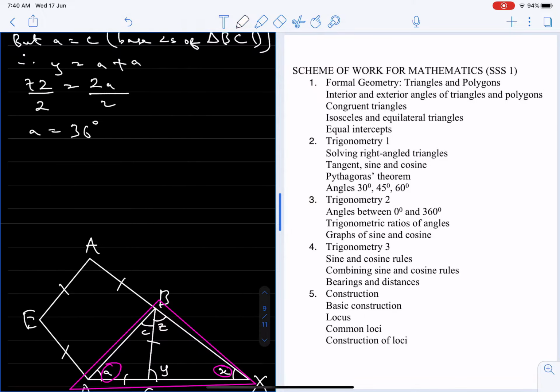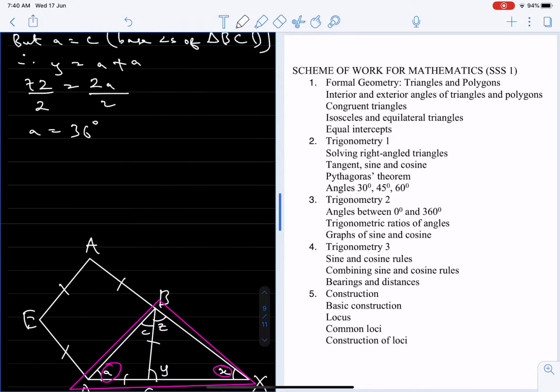So I can say that A equals X, which is 36 degrees. And therefore triangle BDX has two equal angles. And that's a proof very, very simply. Once in a while you have to do some proofs, but it doesn't mean they are difficult.